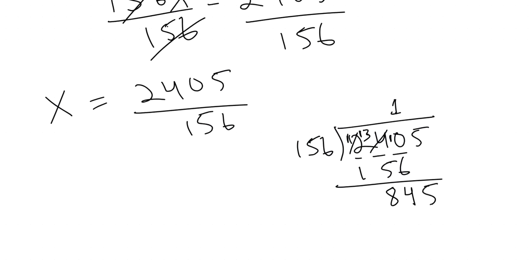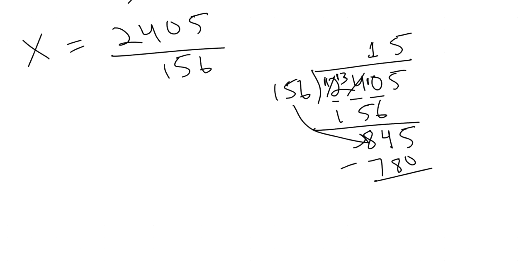Now, how many times does 156 go into 845? It's going to be 5 times. 5 times 156 is 780. Let's subtract. 5 minus 0 is 5.